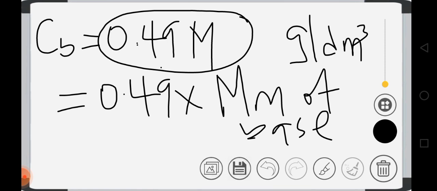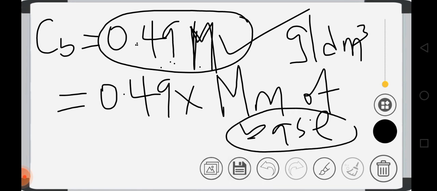This is correct too. This one is in mole per dm³, and it is the correct answer for the concentration. But if you want to put it in grams per dm³, just multiply by the molar mass of this base, because you are looking for the concentration of the base. You can go and try that to see what you are going to have. In case the options are in grams per dm³, they will not be correct.